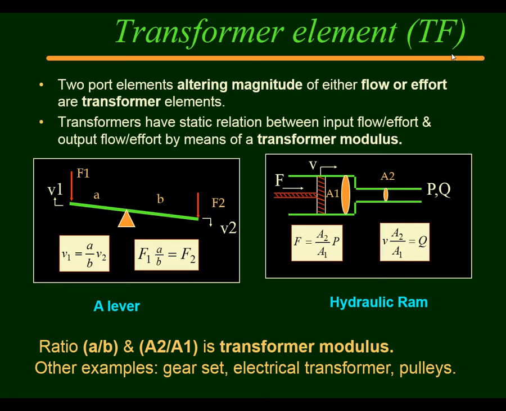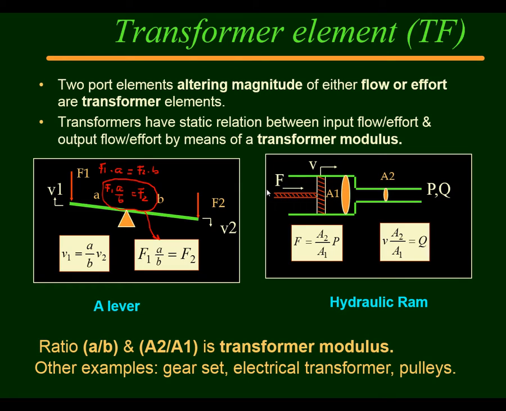The one on the left-hand side is a lever, and it's very obvious that you multiply the force F times A. See here, F1 times A should be the same as F2 times B. From this equation, it follows that F1 multiplied by A over B should be F2.